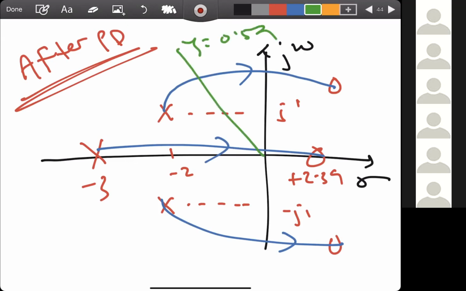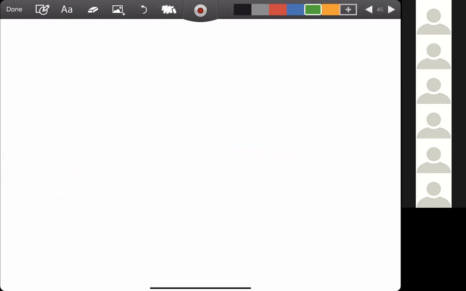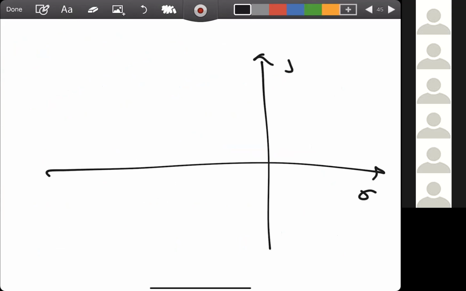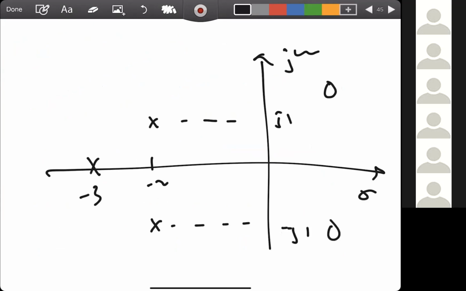Before PD. Before PD. Minus 3. Jadi minus 2 plus j1. Nah, dia PD tak ada. Ini adalah before. Before PD.